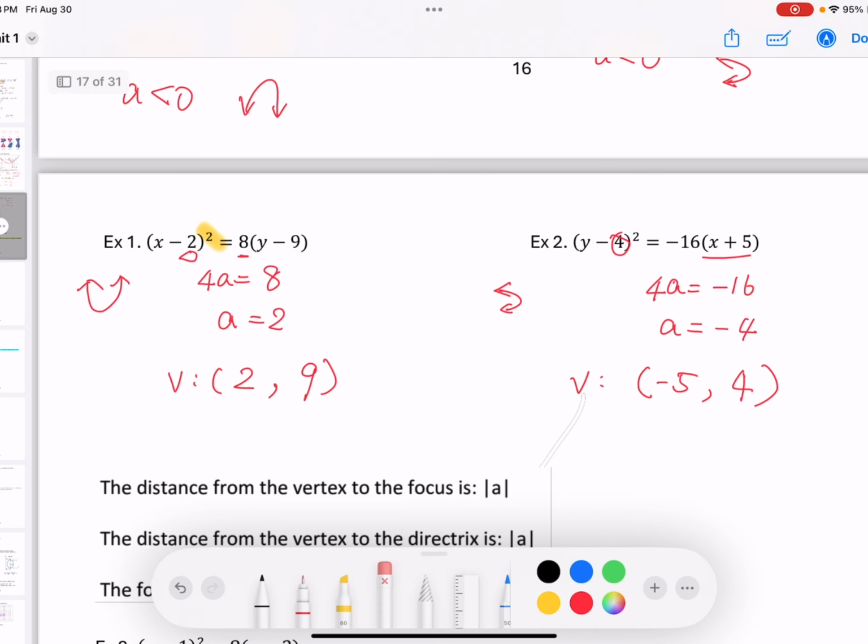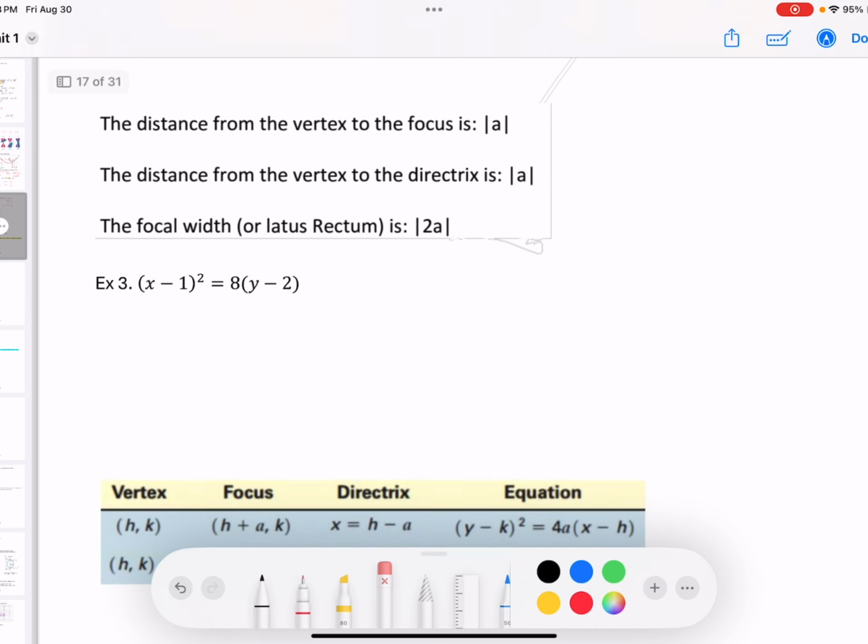Okay, let's move on to see the next part. The distance from the vertex to the focus is the absolute value of a. The distance from the vertex to the directrix is the absolute value of a. The focal width or latus rectum is the absolute value of 2a. So at the beginning of today's class, we said if I draw a parabola, this is our parabola, and we have some important points.